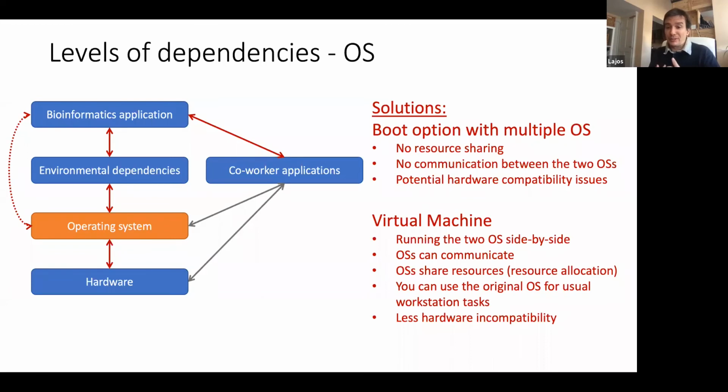The problem is that because they don't communicate, they usually don't see each other's space. So if you like using Windows more as a workstation, and you have your email on Windows, and you like browsing and downloading things on Windows, but you like doing bioinformatics on your Linux, then you have to boot into Windows and do all these things.